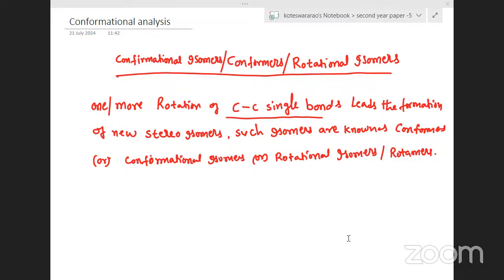Now coming to the unit 16, first unit in that conformational isomerism or conformational analysis. Conformations of some acyclic molecules.